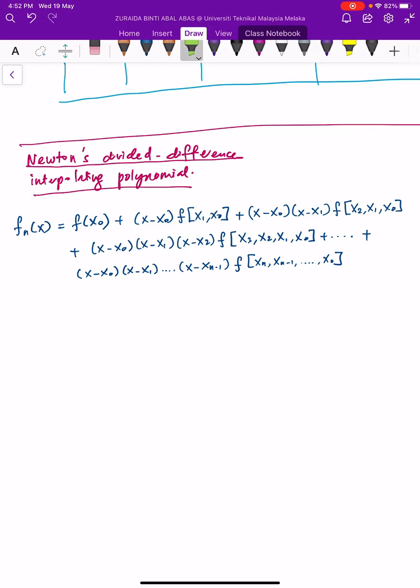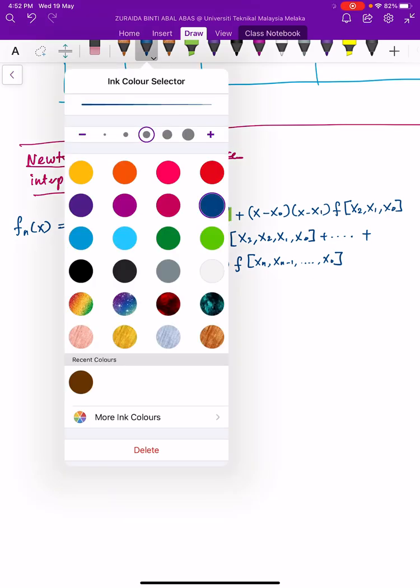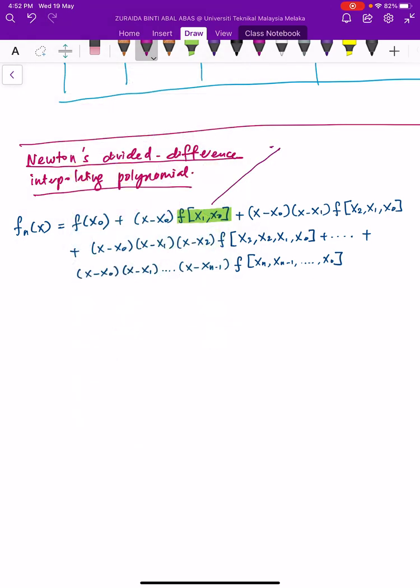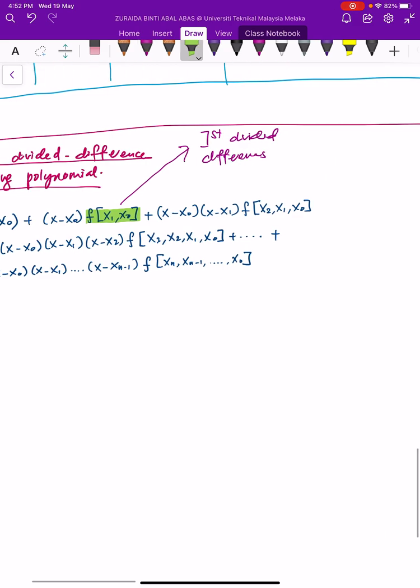So here what you have to take note of is that this is the first divided difference. I'm going to show you here, this is the first divided difference. I'm so sorry, my handwriting is so bad, but I hope that you can understand what I write here.